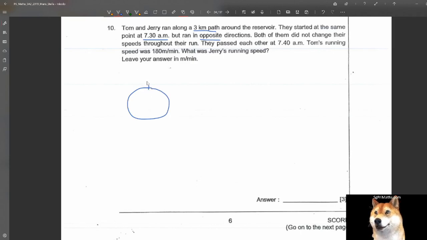Let's say Tom runs this way, then Jerry runs this way, and they started at 7:30 AM. Both of them did not change their speeds throughout the run. They passed each other at 7:40 AM. Let's say they meet here.